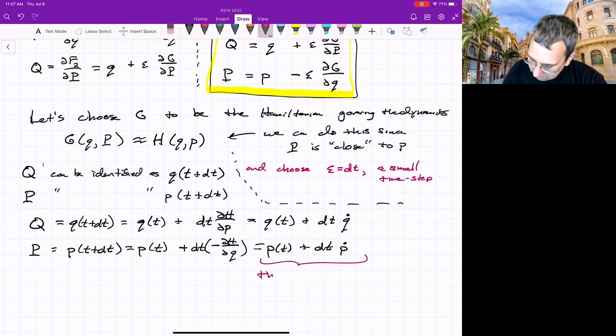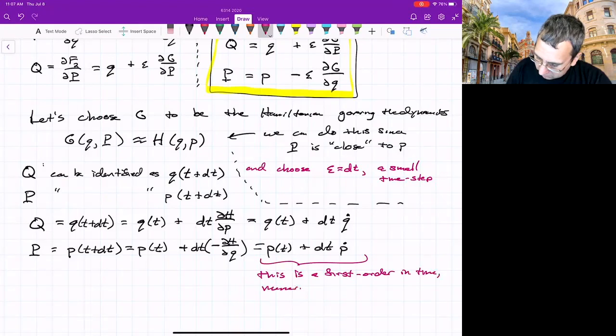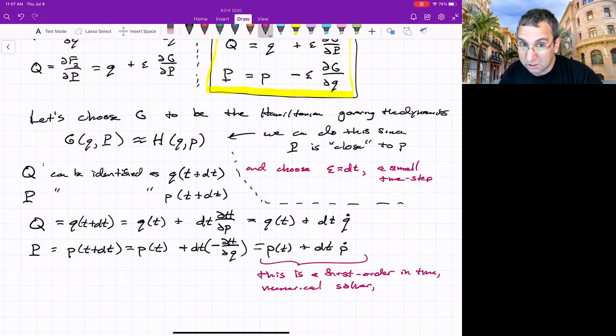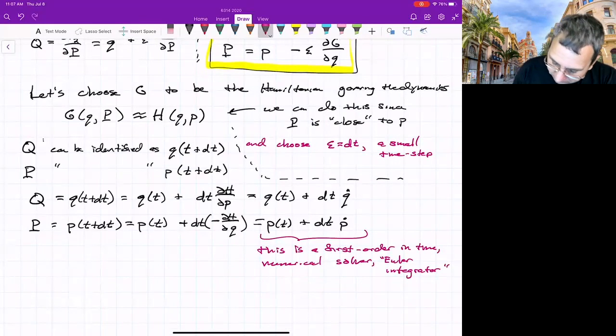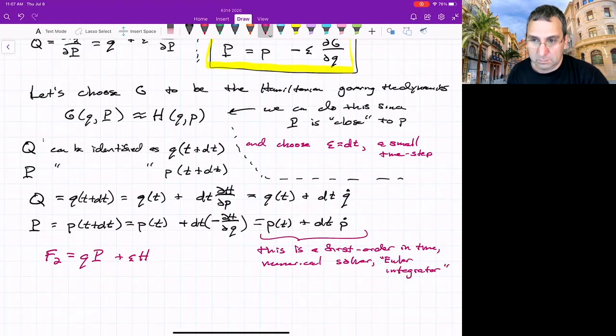So this is a first order in time numerical solver, also called an Euler solver, or Euler integrator. If you've learned about numerical integration, this would be like the first type of integration that's used. It's not the best, but it works. And all this came from using F2 equals qP plus epsilon H, the Hamiltonian.